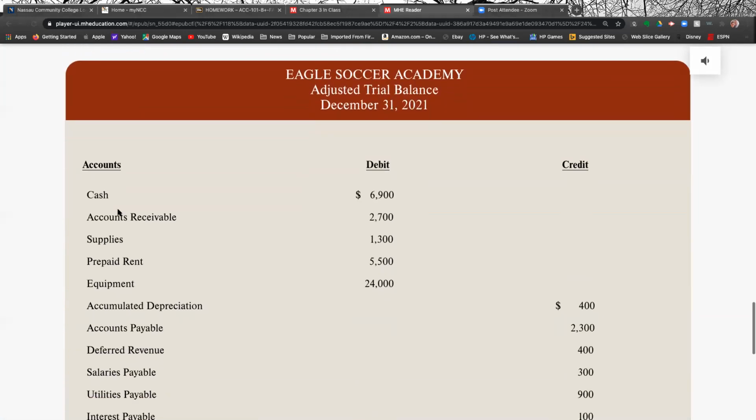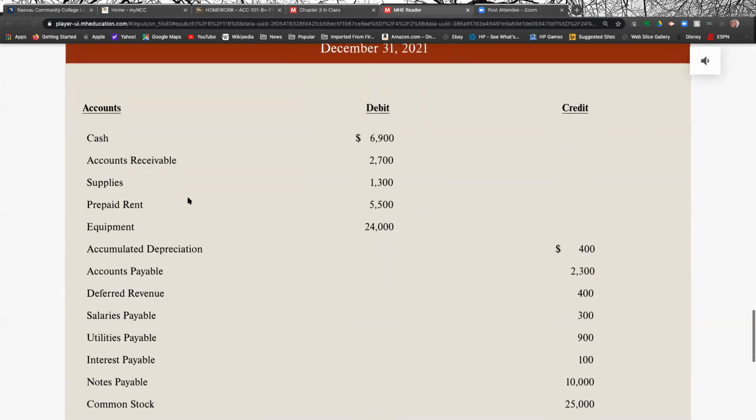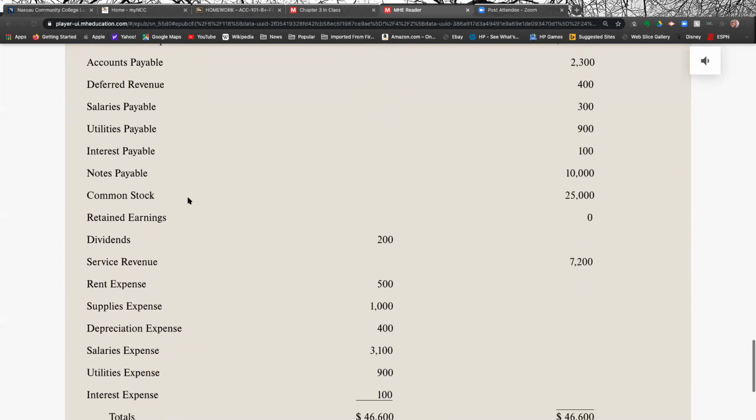Then it's time to do another trial balance. After the adjusting entries are posted to the accounts, we have to do another trial balance, because anytime you put numbers in the accounts, you're taking a risk. You might make a mistake doing that. That's why you have to do a trial balance again.